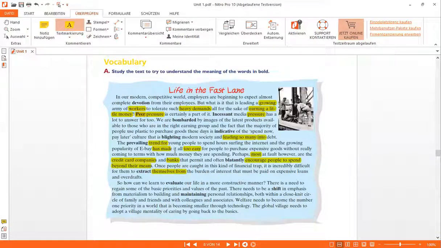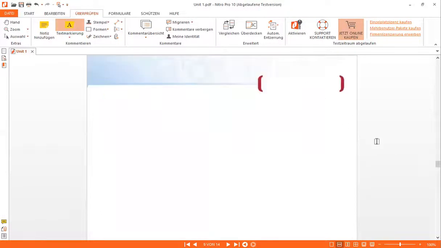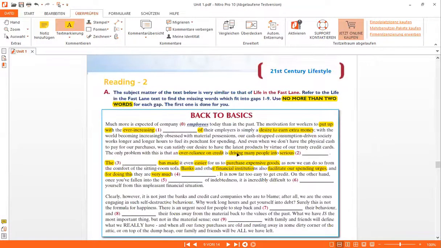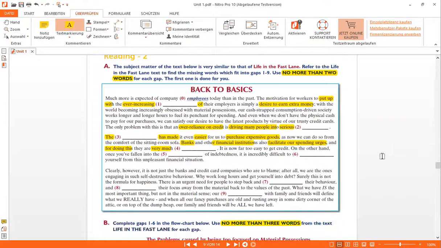And you can see the word debt. Yes, here, leading so many people into, and that is driving many people into. Do you see that? Okay, so this is really important for you to highlight keywords.